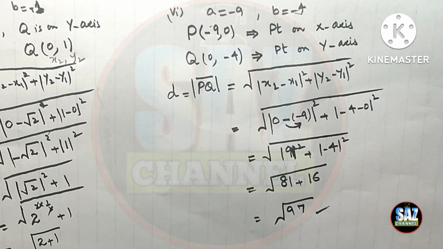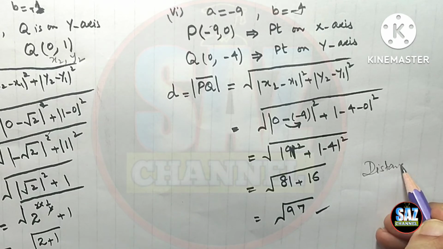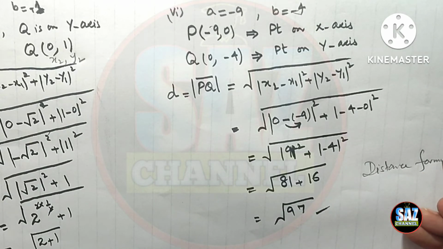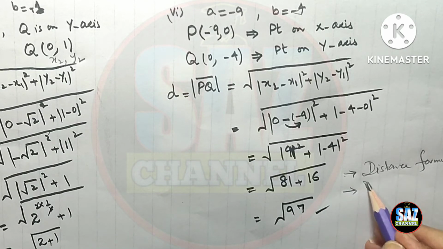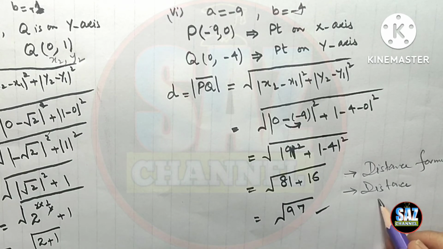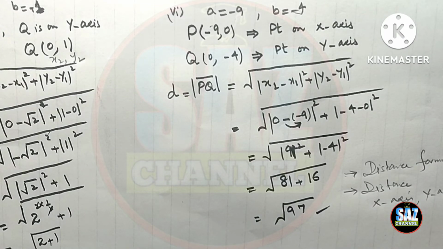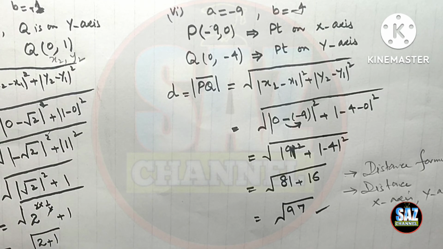One is the application of distance formula, and the second one is how to find the distance between 2 points when the points are either on x-axis or on y-axis. Before the next class you should have good practice of all these questions for the preparation of your 2 marks questions, one of the important questions of your PTB syllabus, and the O-level students can also take help from these lessons.